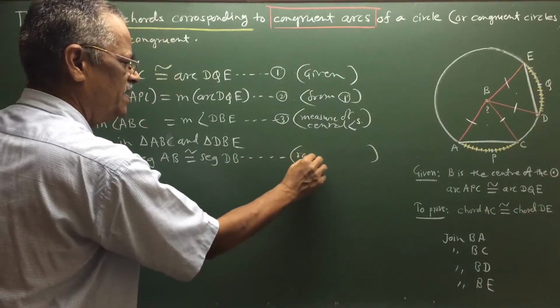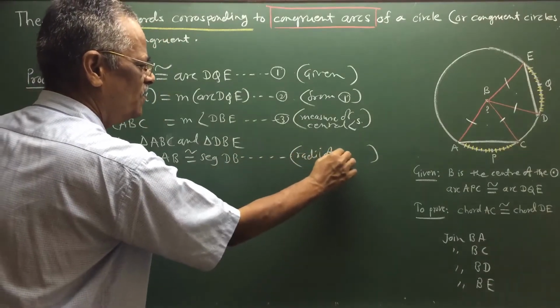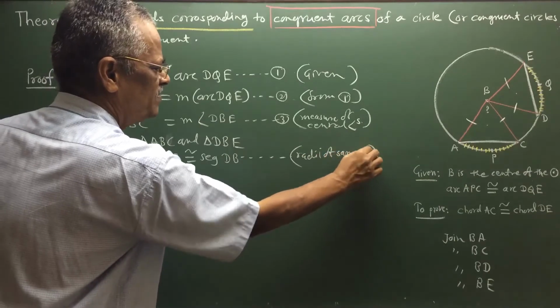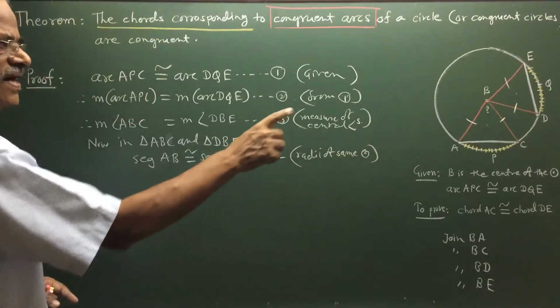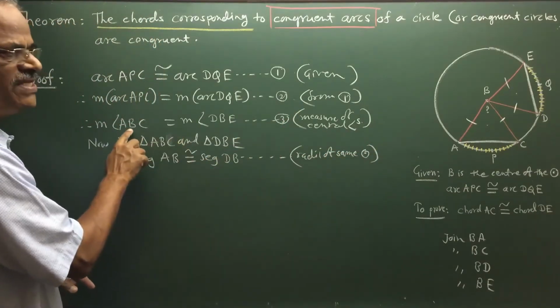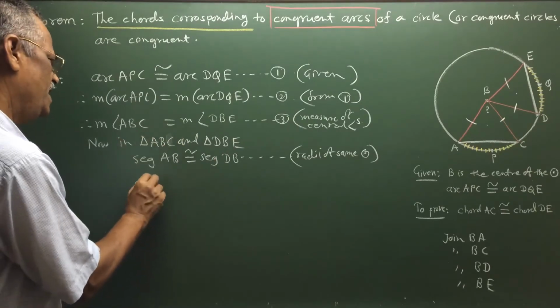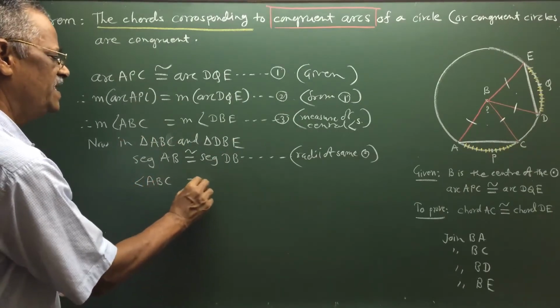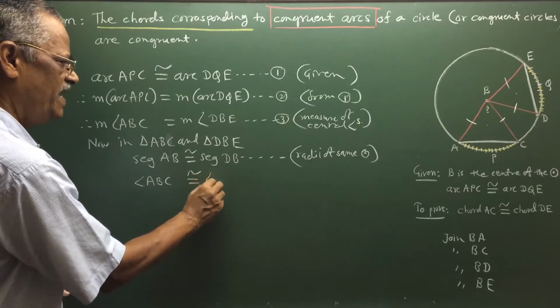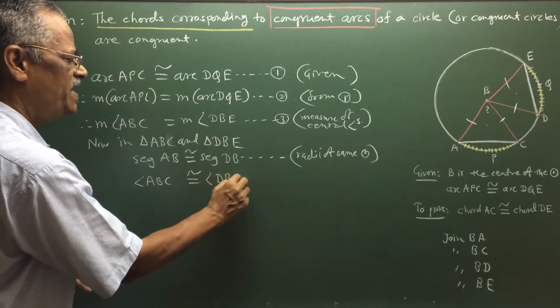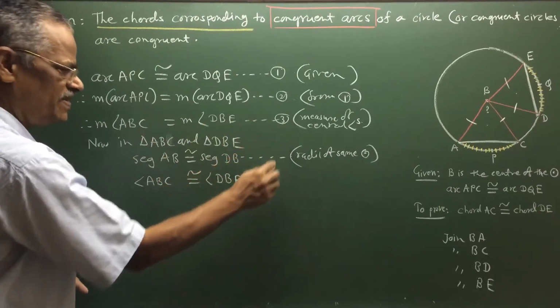Reason: radii of the same circle. After that, use this angle: angle ABC is congruent with angle DBE because the measures are equal.